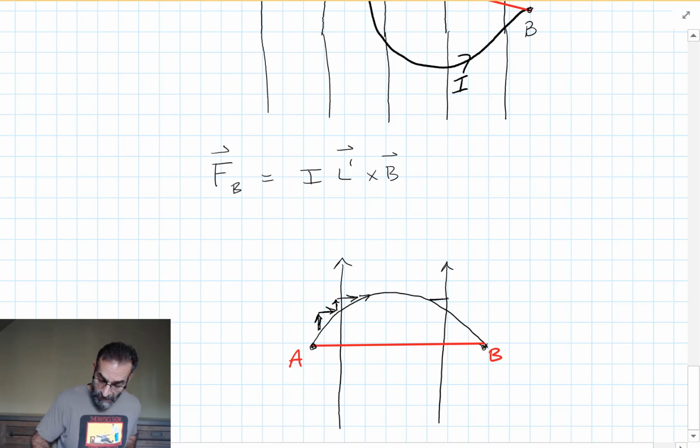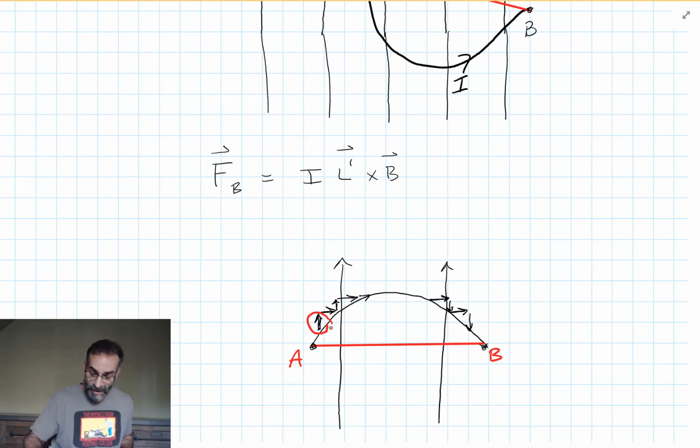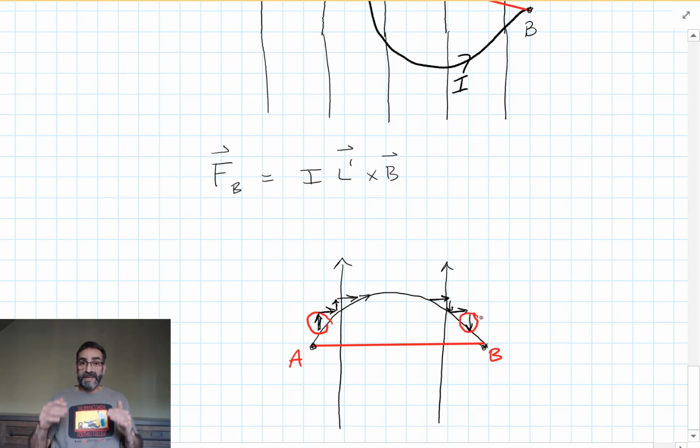And what we get is that all the segments that point away from the line that connects A and B have an equal and opposite part pointing toward the line that connects A and B, because we are going to end up back on that line. We're starting on the line that connects A and B, and we're going to end up back on that line.